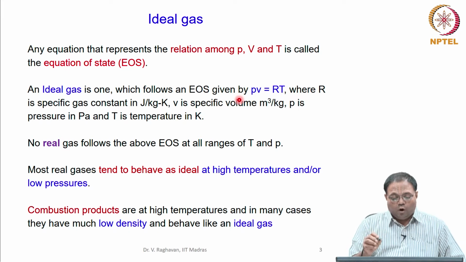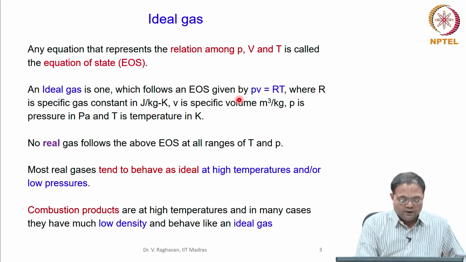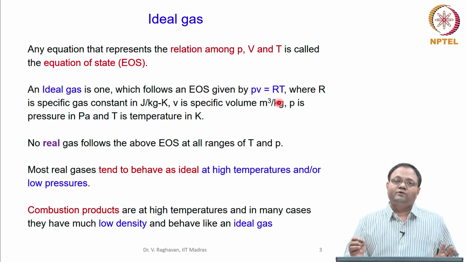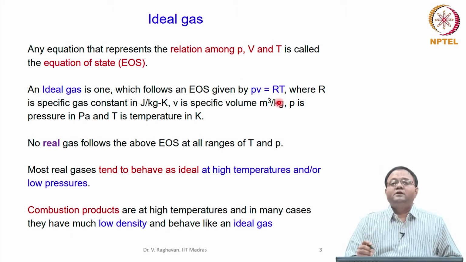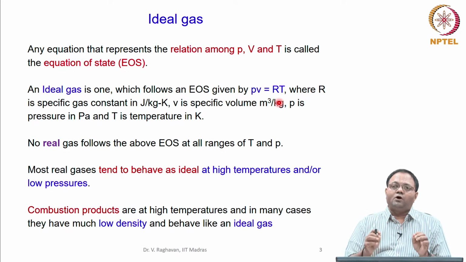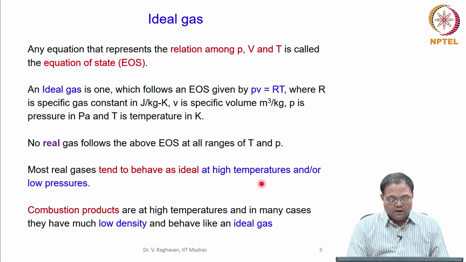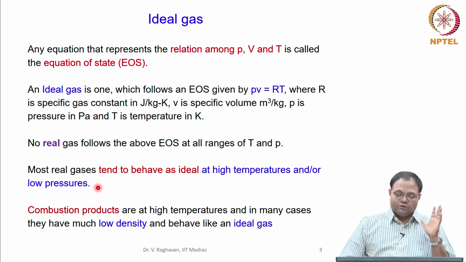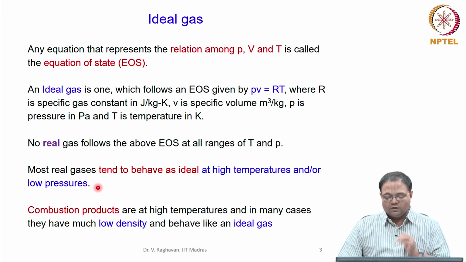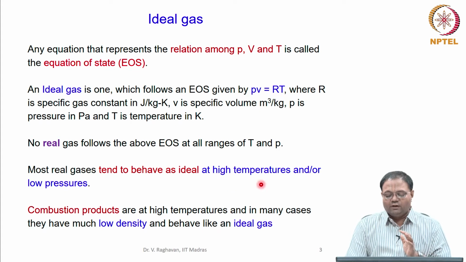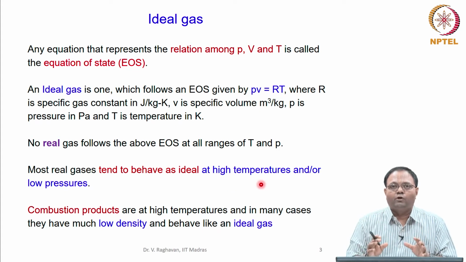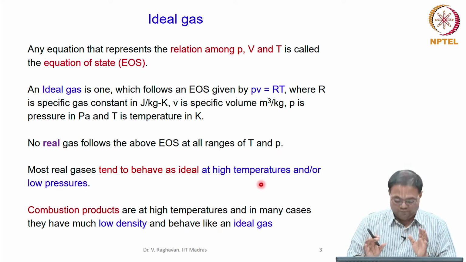So all gases are real in nature, and they will not obey this under every circumstance, only when the densities are very low. That is accomplished when temperatures are very high or pressures are low to moderate, not extremely high. So with low to moderate pressures and high temperatures, the densities are low enough that the intermolecular forces are negligible.